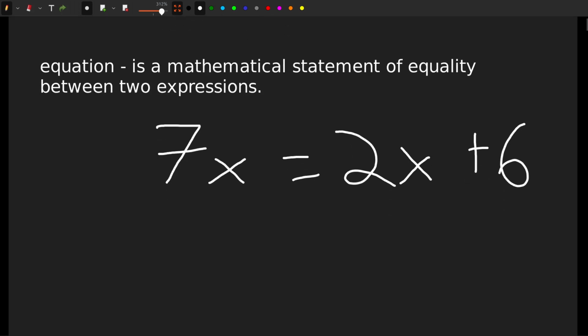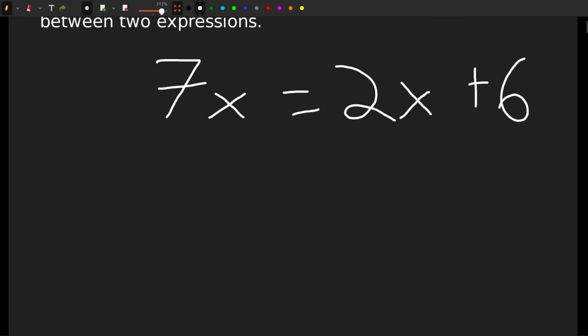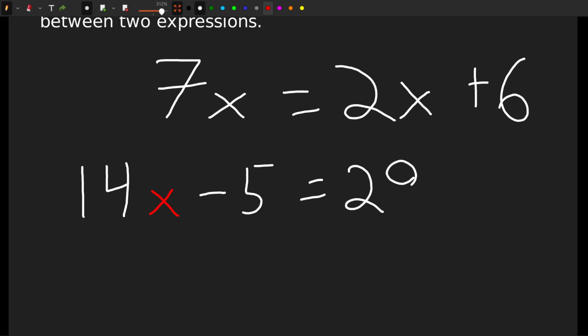Another one is 14x minus 5 is equal to 28x plus 4. That's another example of a linear equation, or just any equation, really. In this case, it is a strictly linear equation.